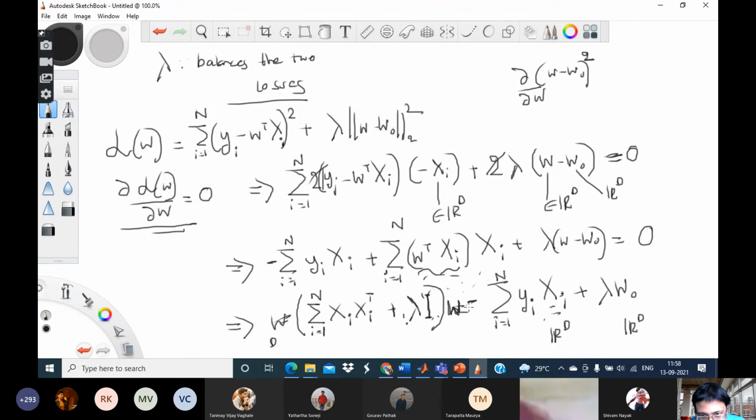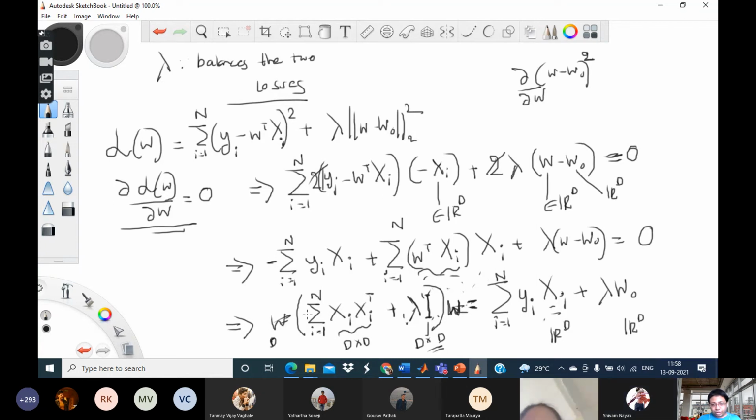W is like this. Here you can just check. This xi xi transpose, as we had seen last time, is a d cross d matrix. It was the same case in linear regression also. What is this I then? It is the d cross d identity matrix, right?